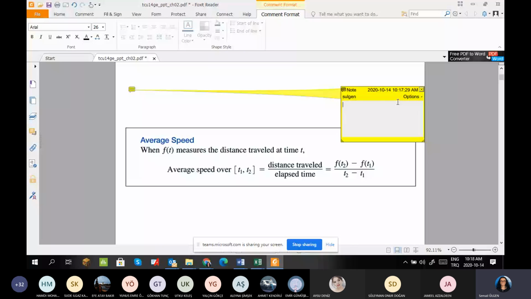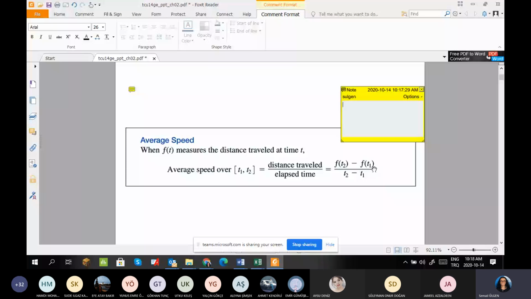Nothing moved. So an object is traveling along a line, and it's going to travel from time t equal to t1 to time t equal to t2. We can easily figure out the distance traveled if you take the difference, f of t2 minus f of t1, because f of t2 is the distance traveled at time t2, and f of t1 is the distance traveled at time t1.